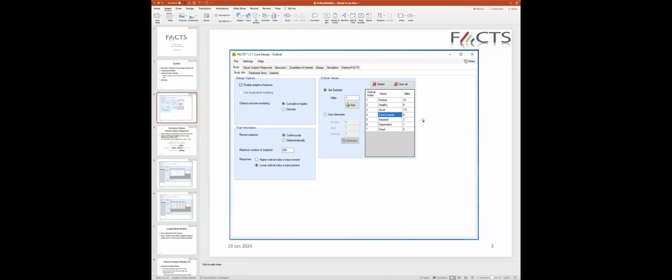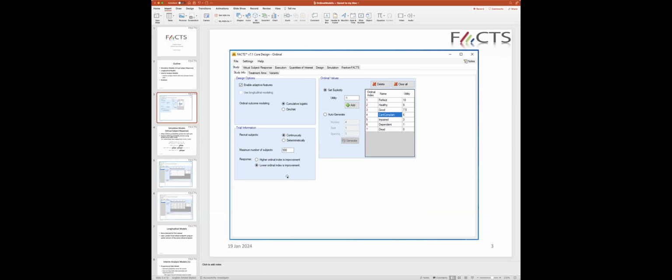And we'll always have a utility value defined and associated with each possible state of the ordinal variable. You may choose not to use the utility for any of your adaptive design or your final analyses, but it will always be there.